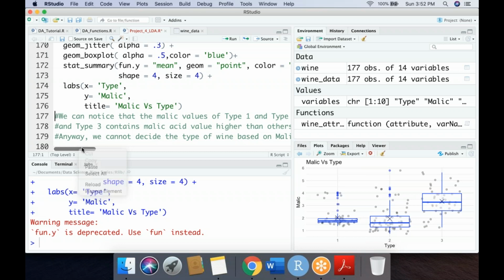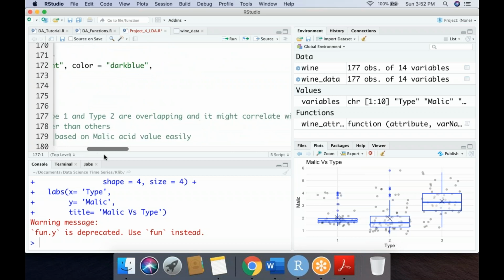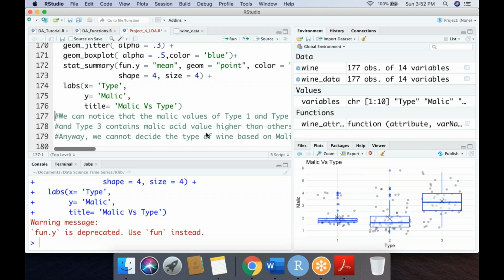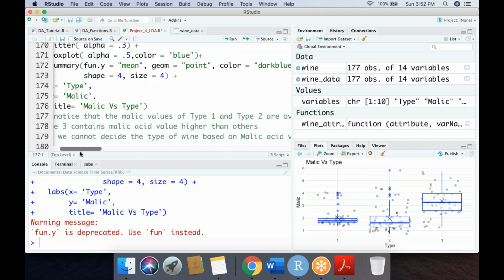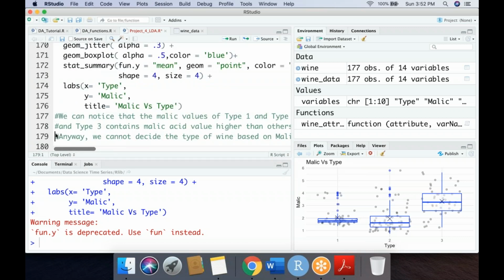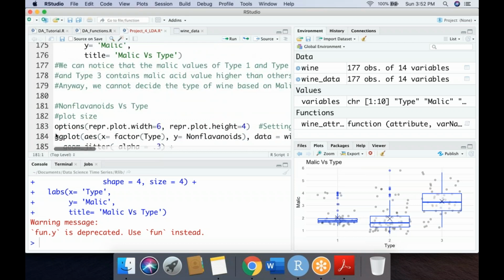The same thing I have also taken down for you. You can see the Malic values for type 1 and type 2 classes are overlapping, and it might correlate with other attributes. And type 3 contains malic acid values higher than others. We cannot decide the type of wine based on malic acid values very easily. So let us go into our other parameter like non-flavonoid and see.